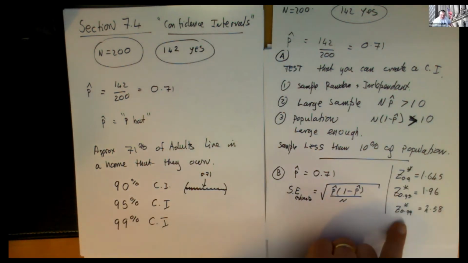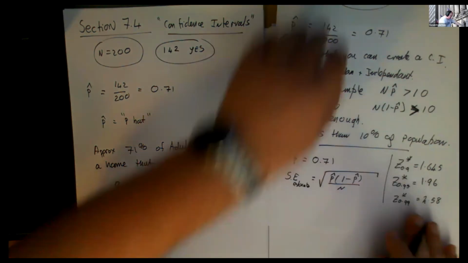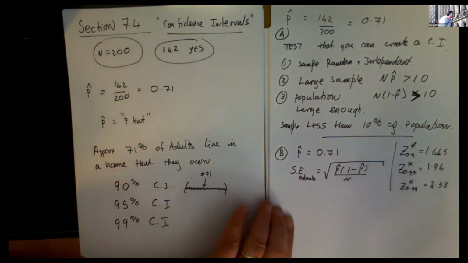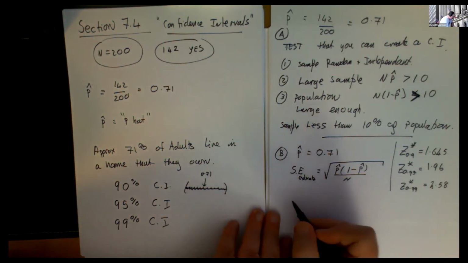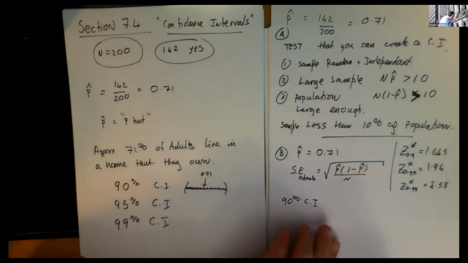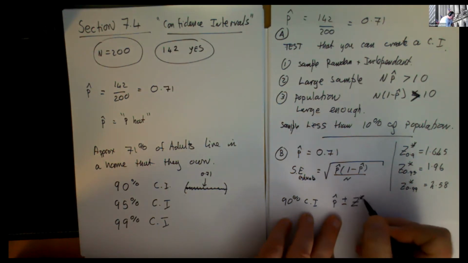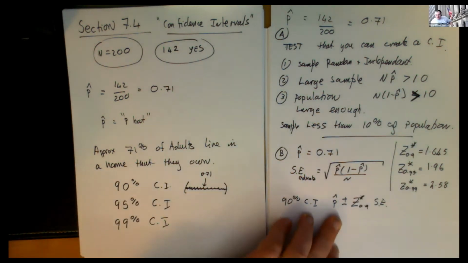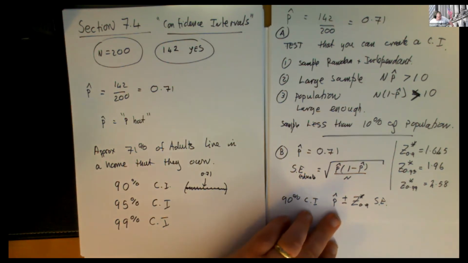Now, I need these so I can show you the full formula for calculating, let's do a 90% confidence interval. The formula for getting it is p hat plus or minus the magic z-score for 90% times the SE. I'm just going to call that SE instead of SE estimate. Pretend I'm writing estimate every time, because it gets boring after you write it 4 times.